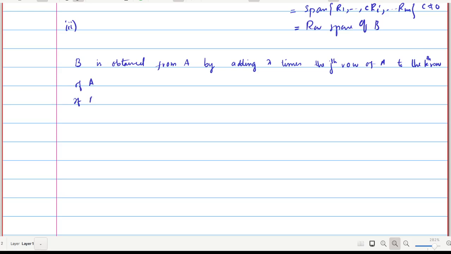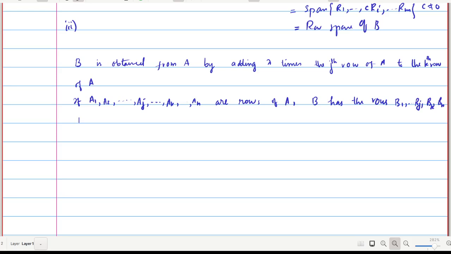So that means if we denote A1, A2, etc., Aj, etc., Ak, etc., An as the rows of A, then B has the rows, say B1, B2, etc., Bj, etc., Bk, etc., Bn.